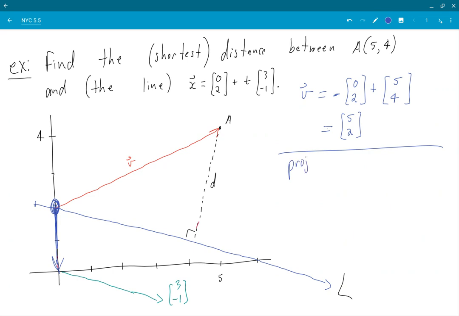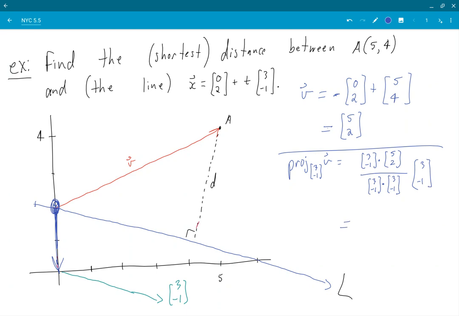The projection onto 3, minus 1 of V is, you dot these two vectors, right? 3, negative 1 dot V, which is 5, 2, all over the dot of the vector you're projecting onto with itself, in the direction of the vector you're projecting onto.